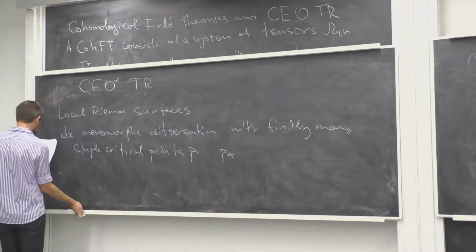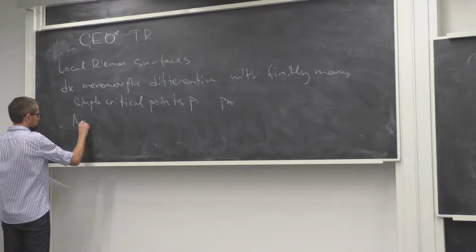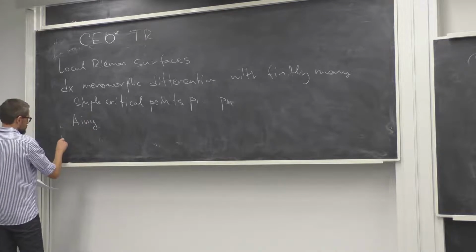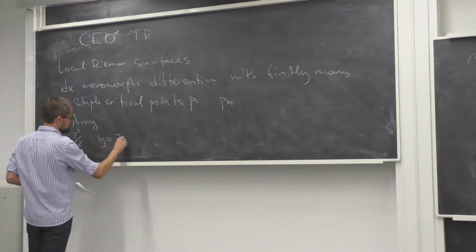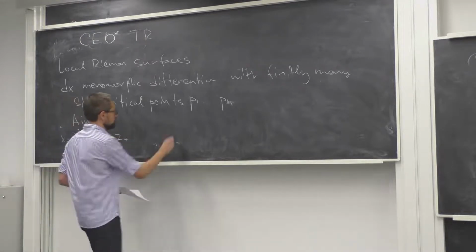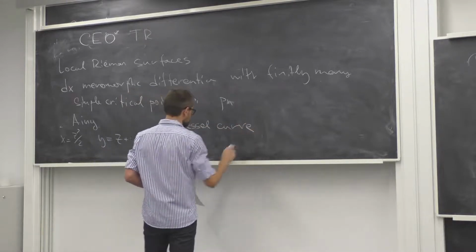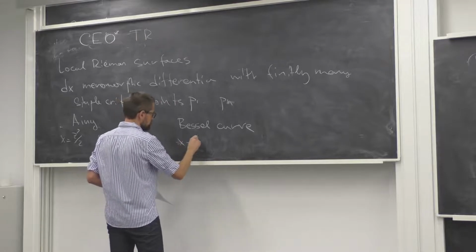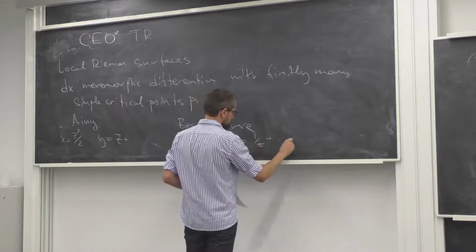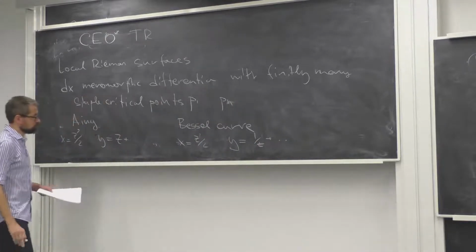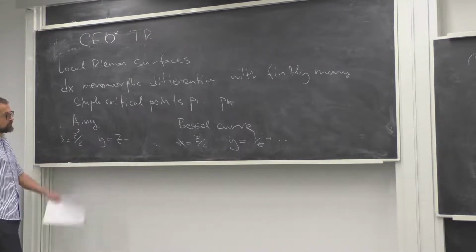The local behavior at the critical point is given either by some Airy curve, as locally x is z squared over 2, and y is z plus some corrections, or the so-called Bessel curve. Again, x is equal to z squared over 2, and y is equal to 1 over z. So the local behavior at the critical points of x is given by one of these two possibilities.